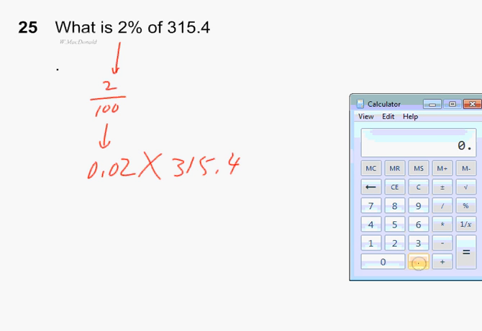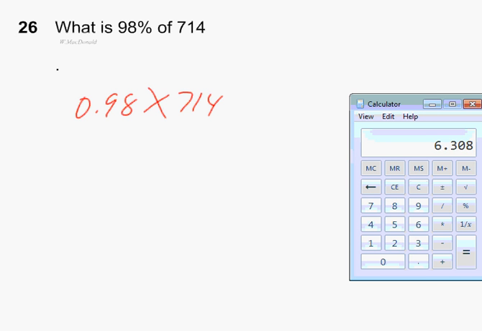Take my calculator, decimal 02 times 315.4 is 6.308. That's your answer for 25. And 26 is 0.98 times 714, 98% of 714. So 98% of 714 is 699.72. That's your answer for question 26.